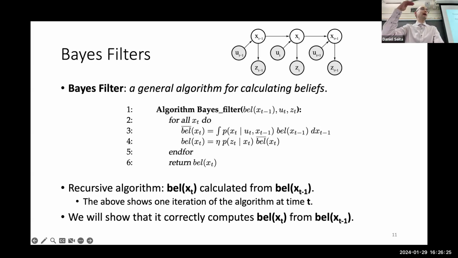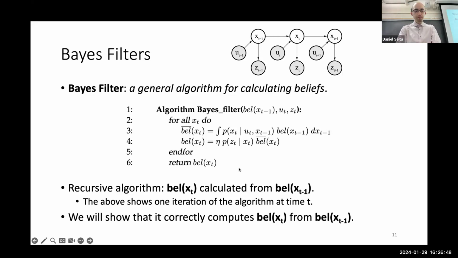So if you're at time t equals 0, which is the first thing, then you'll need some kind of prior distribution. If you assume nothing, you might want just a uniform distribution. Or if you assume perfect knowledge, you might just put all the probability mass on one state, or in one region if you're in continuous land.